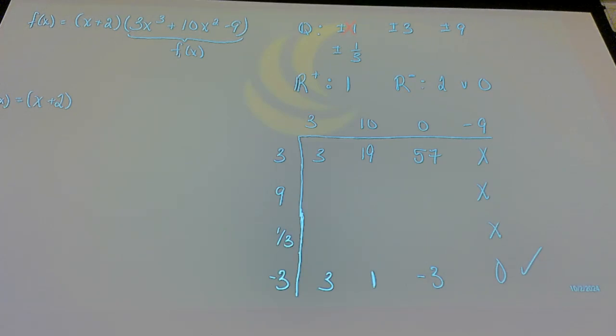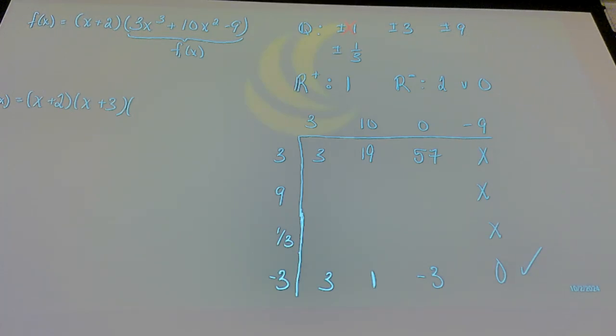So we just found a factor for F1, x plus 3. What's your quotient? So what are you left with?